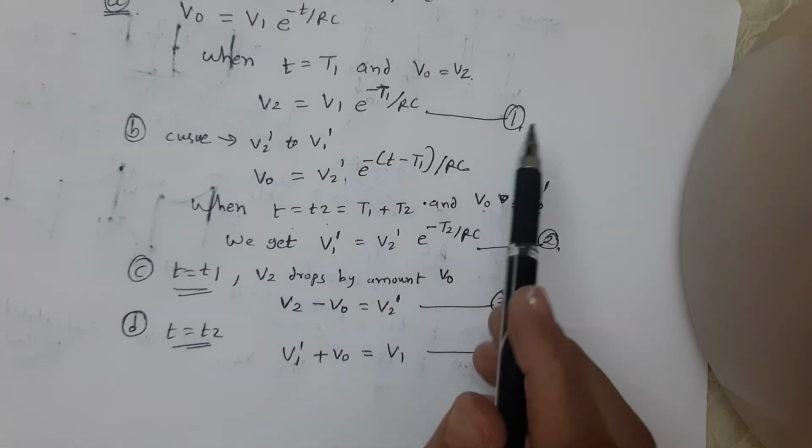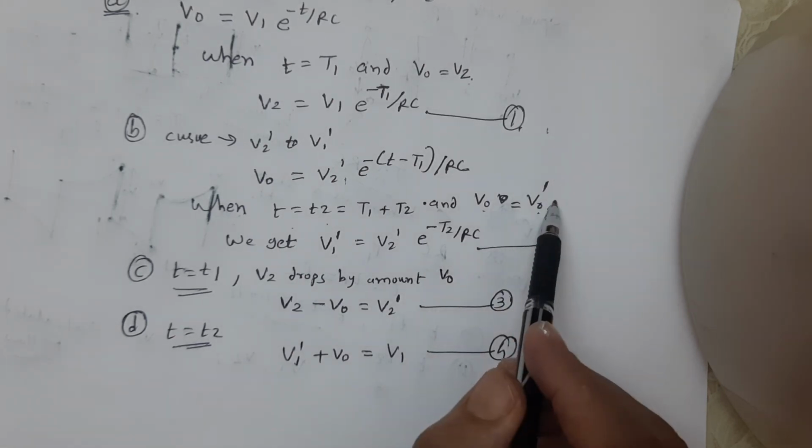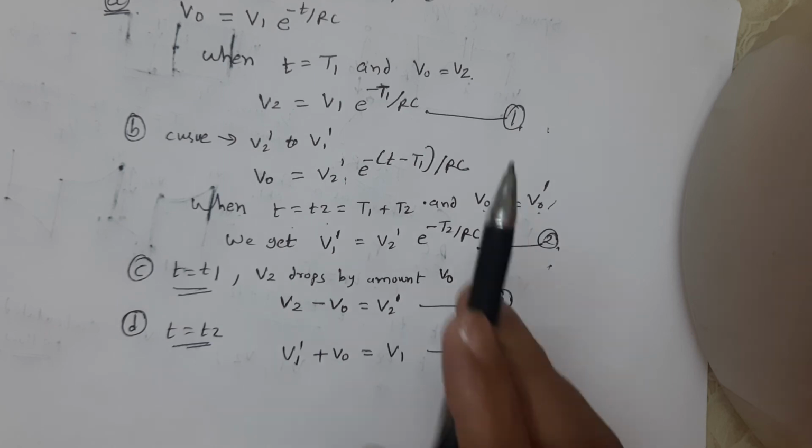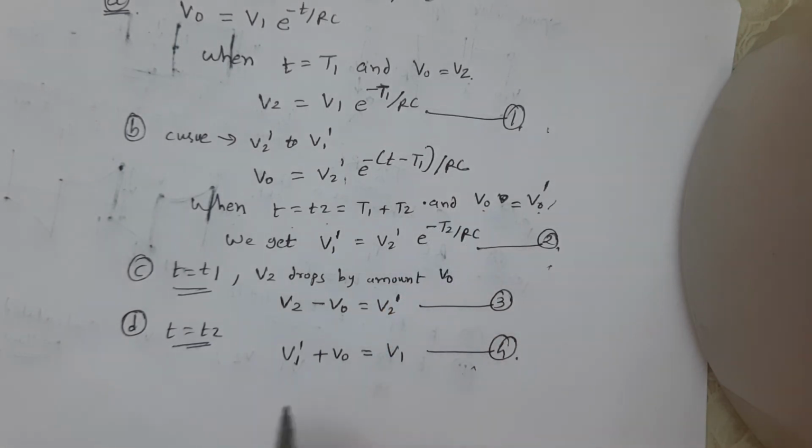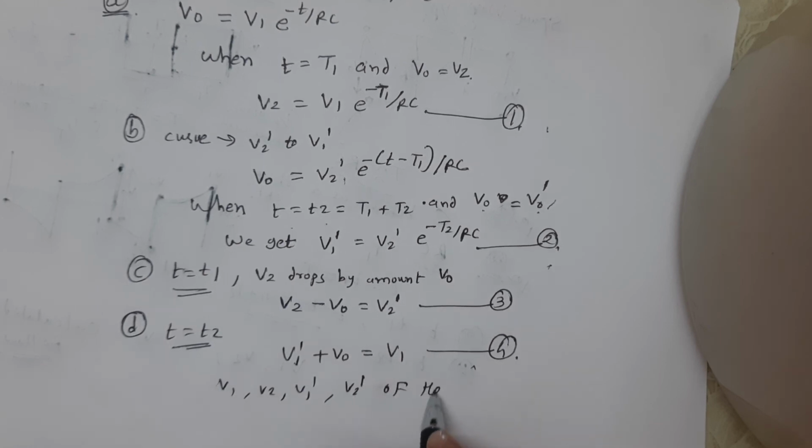So with the help of equations 1, 2, 3 and 4, on solving we get the four tip values V1, V2, V1 dash and V2 dash of the output voltage. That's all. Thank you.